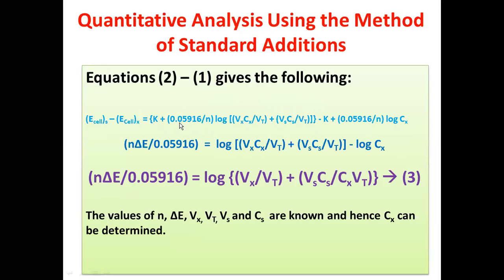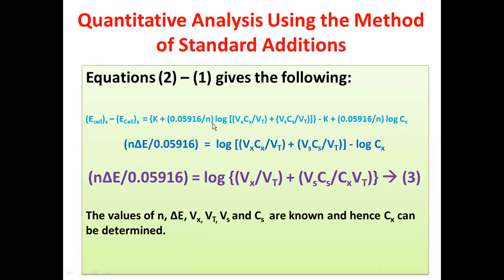So this gives 0.05916 divided by n whole into K plus log of Vx into Cx divided by Vt plus Vs into Cs divided by Vt, minus K plus log of Cx.